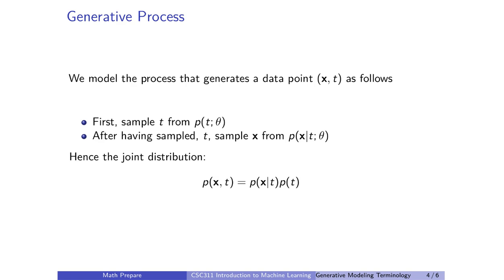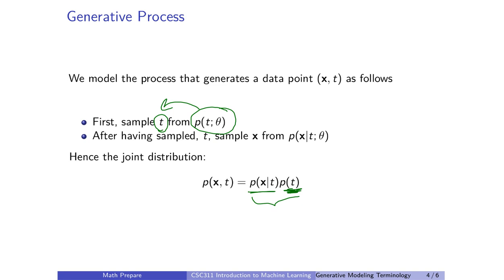Before we get into learning and inference, let's just take a look at this joint distribution, because the way we're writing down this joint distribution is suggestive of how we're modeling the process by which the data is generated. First we have this term right here, which suggests that we're going to sample t from its distribution, probability over t.